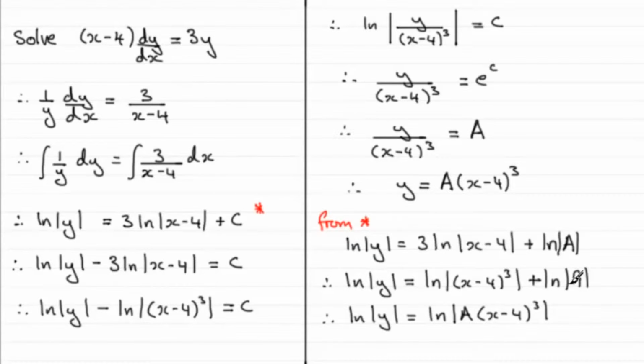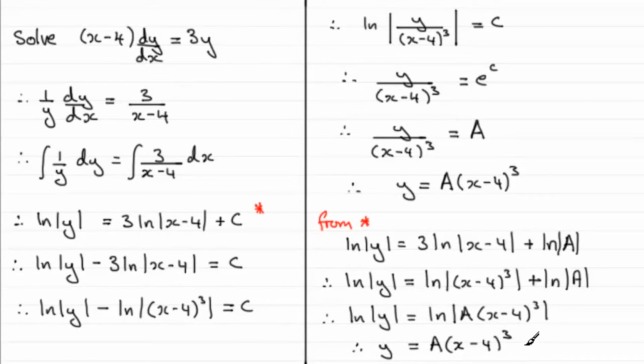I'm assuming again you're familiar with that rule for logs. Now we've got 2 terms, we can anti-log, but because both sides have natural logs, when it comes to anti-logging, we just remove those logs. We get y equals a multiplied by x minus 4 all cubed.